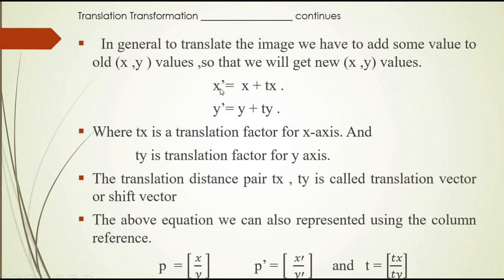That is, to translate a point from coordinate position x y to another position x dash y dash, we add translation distances Tx and Ty to the original coordinates, and we get the new coordinates x dash and y dash.